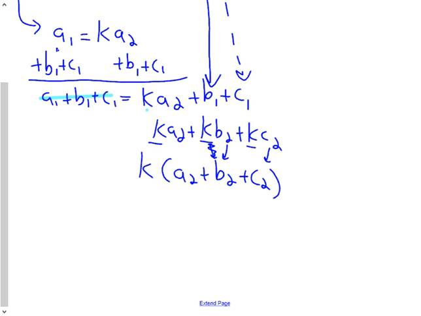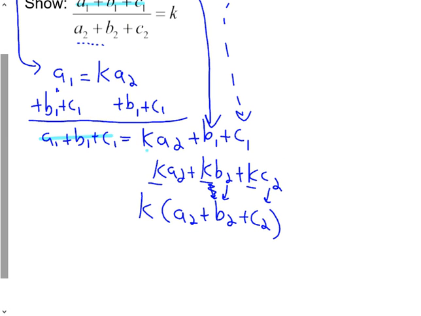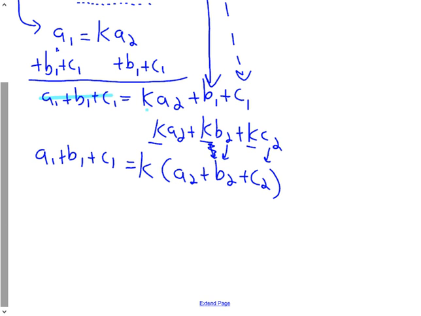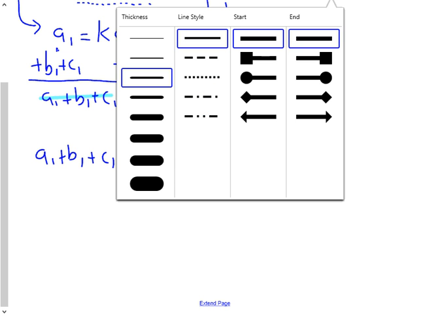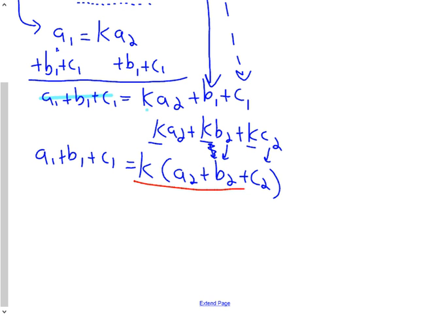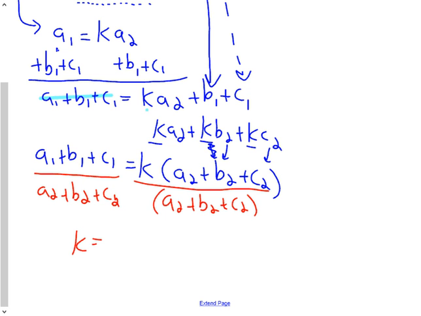And now that looks awfully similar to this denominator, which conveniently enough, I'm going to divide both sides by so that I get A1 plus B1 plus C1 over A2 plus B2 plus C2 all added together equals K. Right, divided by this parentheses portion on both sides, and I get it completed: K equals A1 plus B1 plus C1 all over A2 plus B2 plus C2.